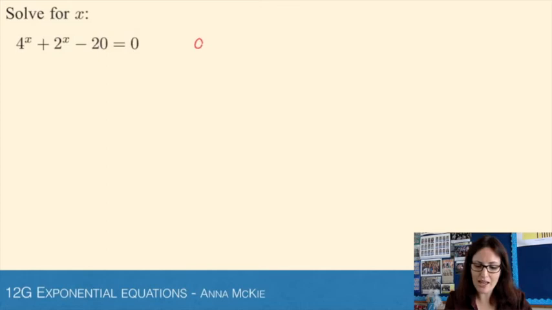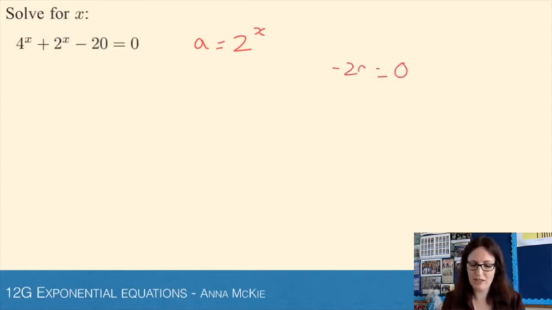So if a, we'll just make up this a here, was equal to 2 to the power of x, let's see if we could write that equation in terms of these a's. Well, the end is equal to 0, that's fine, the negative 20. The middle term, okay, let's make that a. Well, what would this first term be then? Think about it. I'll do another side note over here. You've got 4x. Let's write that as 2 squared x.